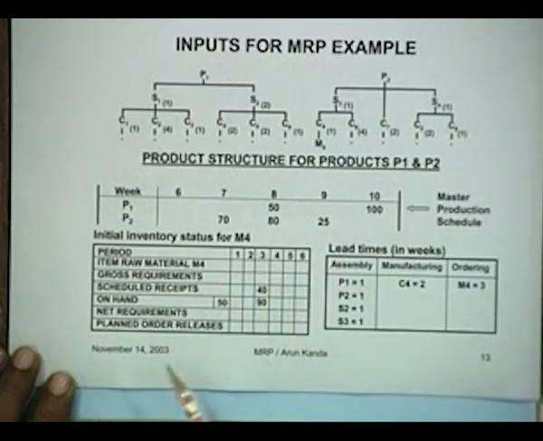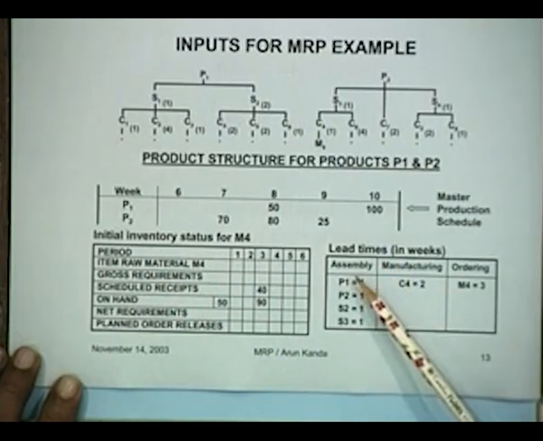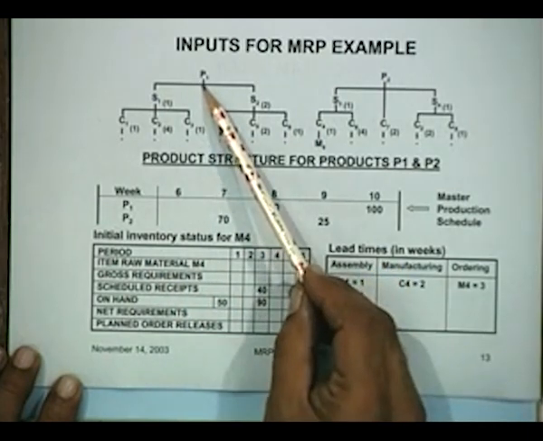This kind of information is available to you, so this is what is the inventory that we are likely to have of item M4 in the beginning. And then we would require information on lead times, because we require inventory status and lead time status both together. For instance, P1 is the final product.